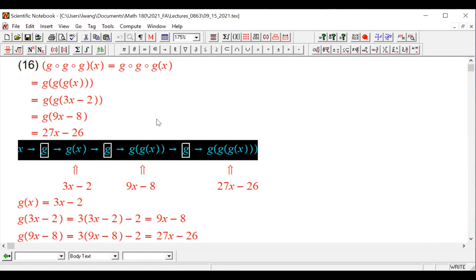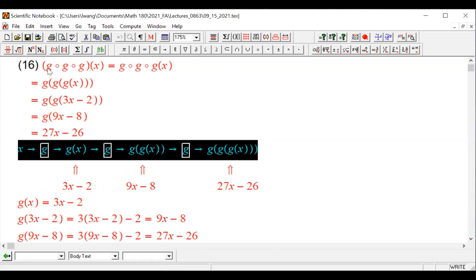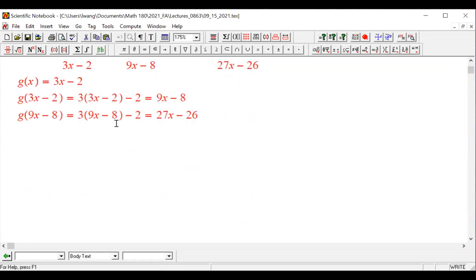Do you think you can do 14? Sure. 14. Okay, the same two functions, right? The same two functions.